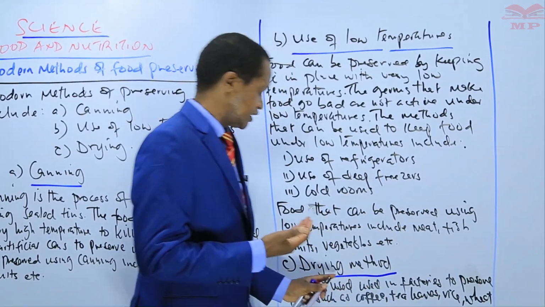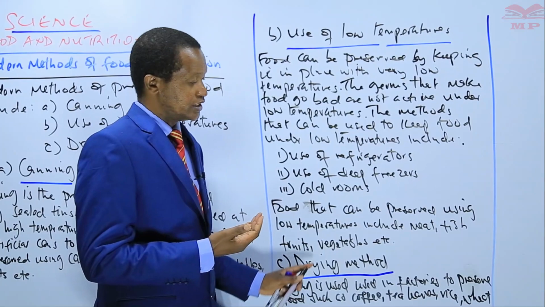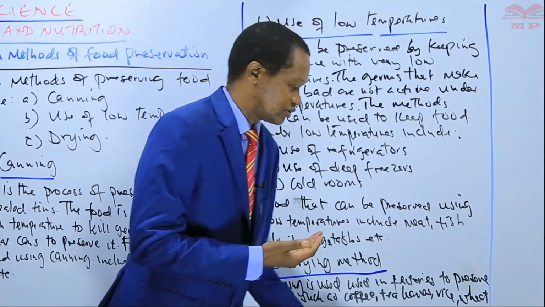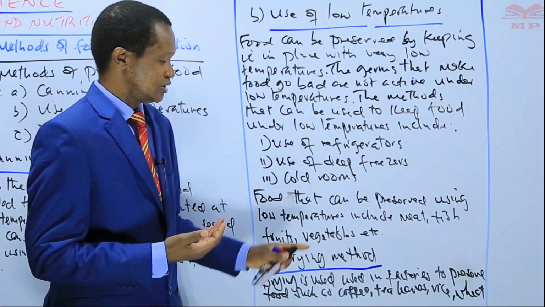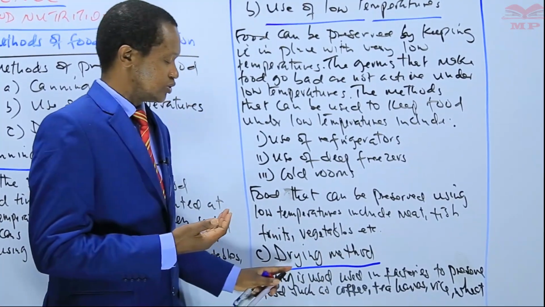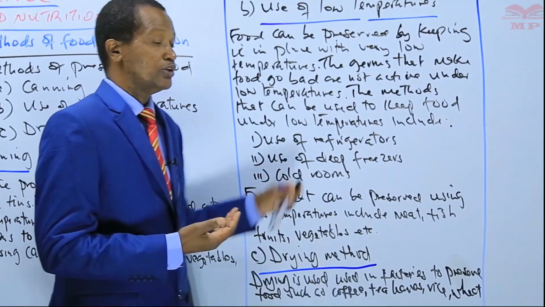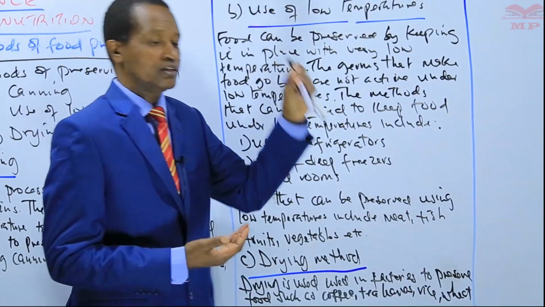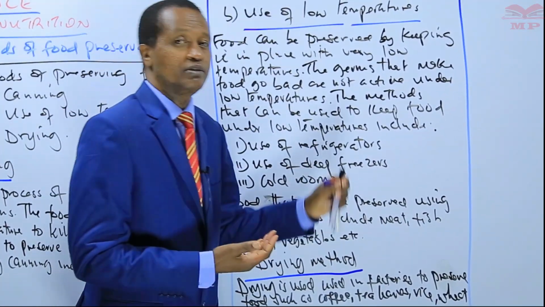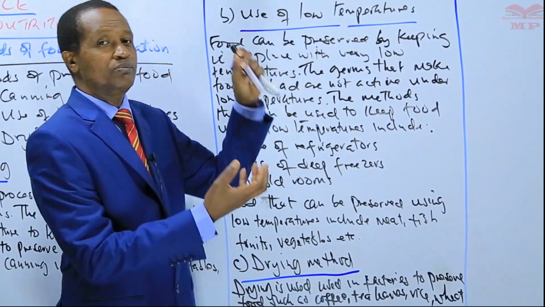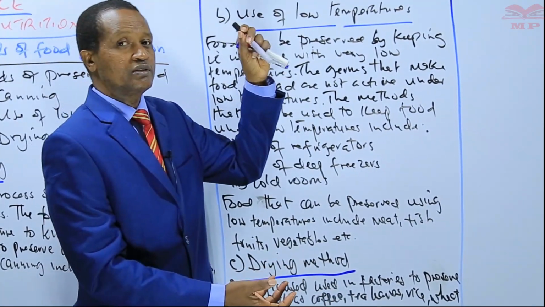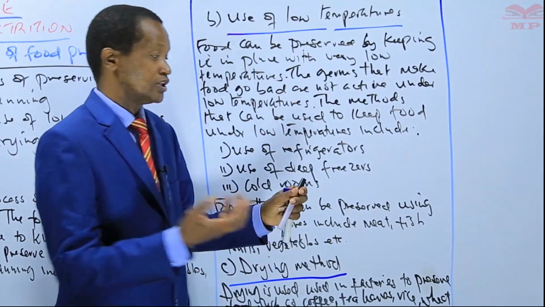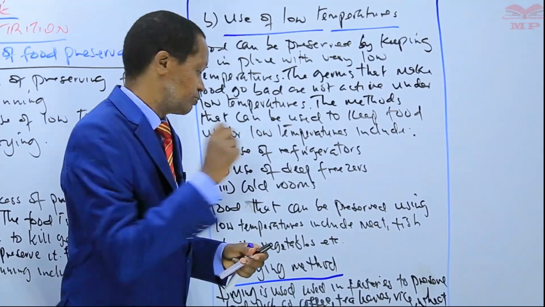So drying is categorized as a modern method as well as a traditional method. Under the traditional method, drying was made possible by use of the sun. Food is exposed to sun rays, and the moisture in the food evaporates. When that happens, the food is able to be preserved for a long period of time.